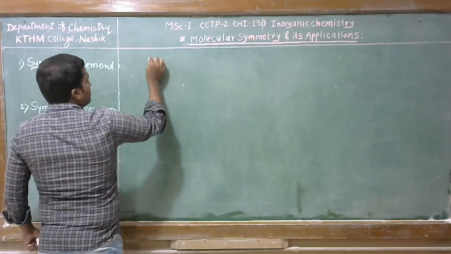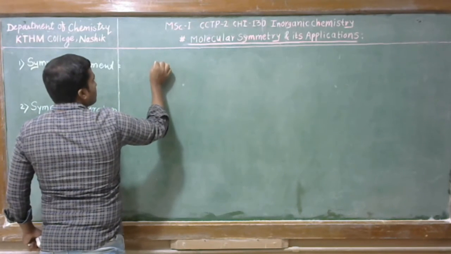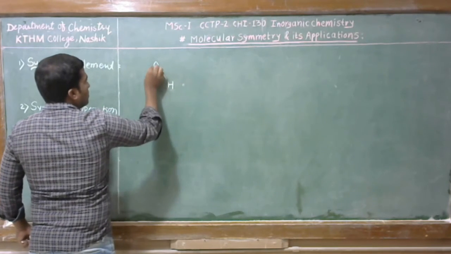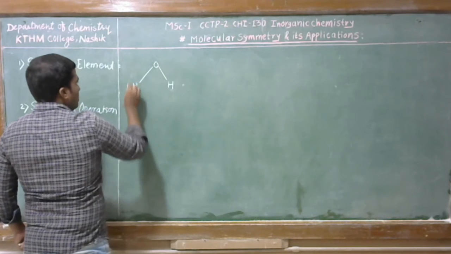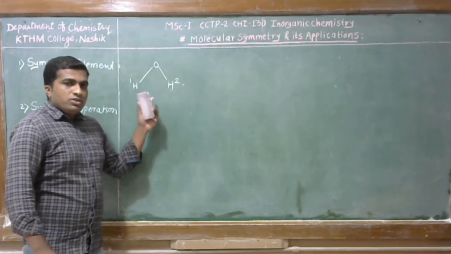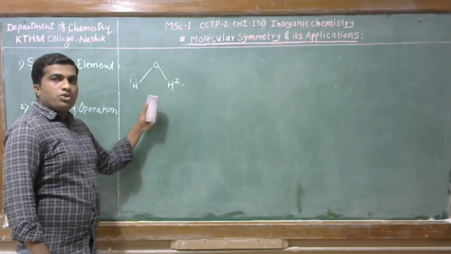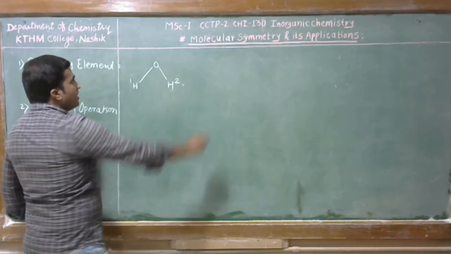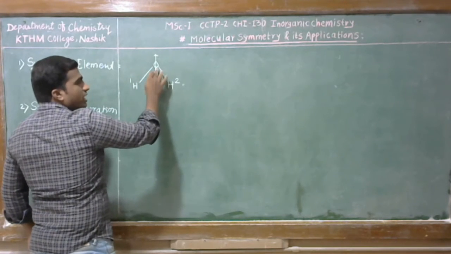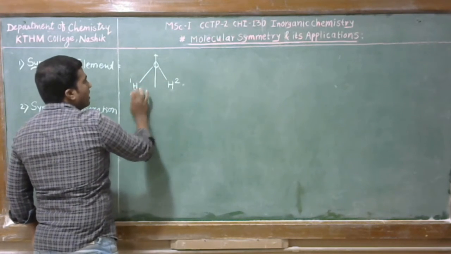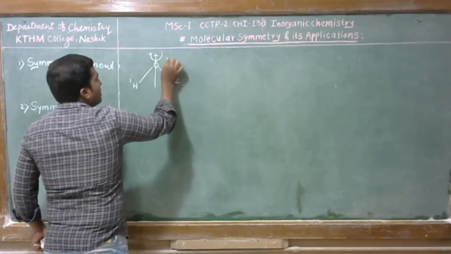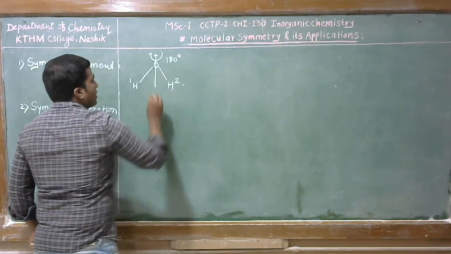For example, the water molecule, O and H, hydrogen number 1, hydrogen number 2. This water molecule is rotated about an imaginary line passing through the oxygen atom and bisecting the HOH bond angle through 180 degrees.